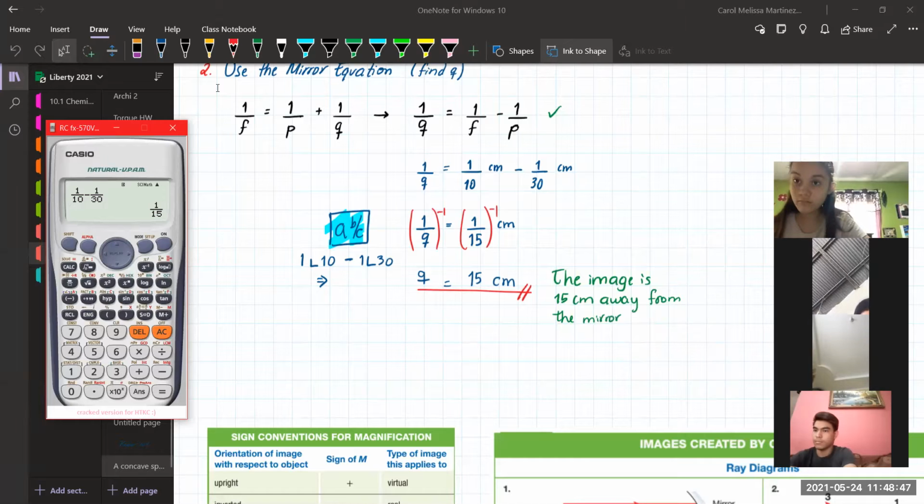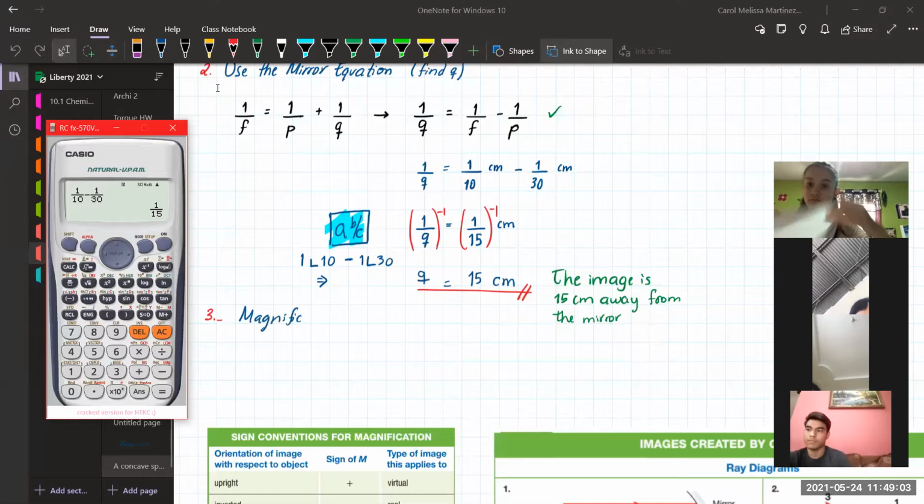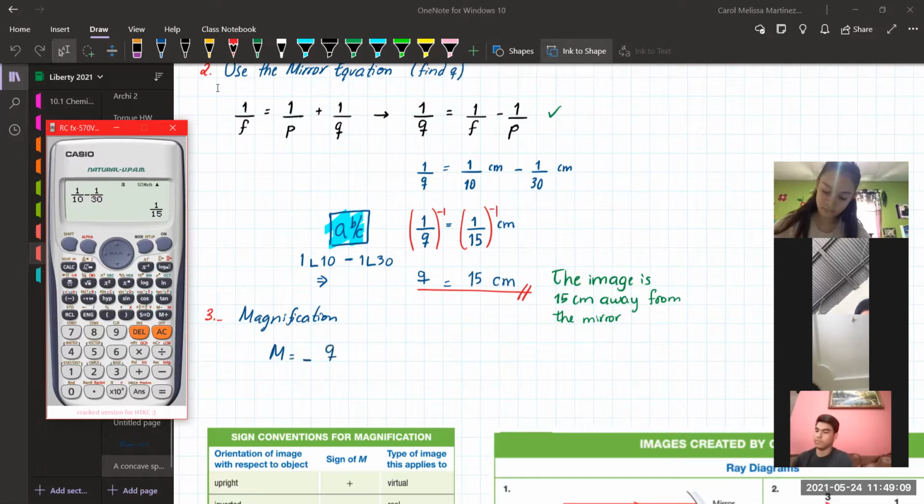And then in the third step, what we do is we calculate the magnification. Okay? For the magnification, we have this equation. M equals negative q over p.